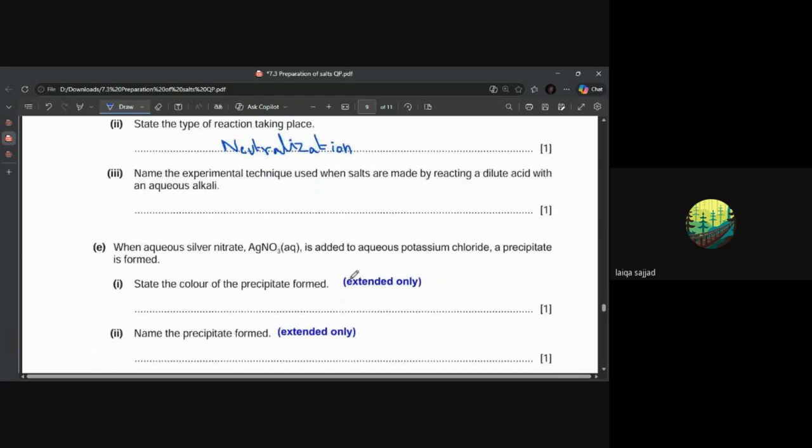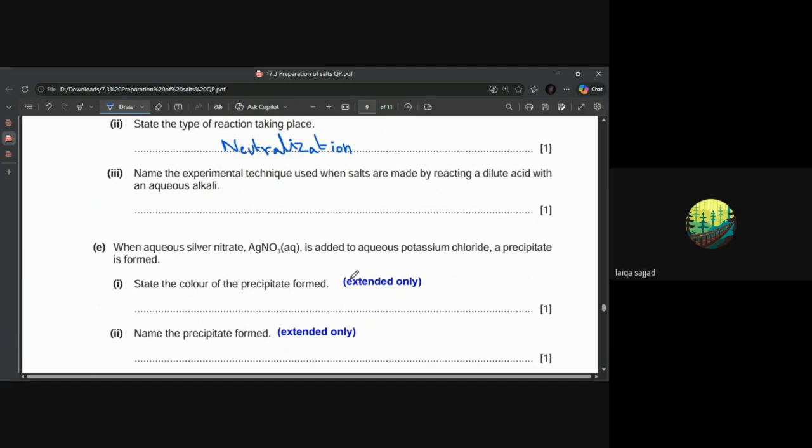Okay. Name the experimental technique that is used when salts are made by reacting a dilute acid with an aqueous alkali. What's the name of the technique? We know that when both the reactants are colorless, we use a technique that is used to determine the exact point where they have completely reacted without adding the excess acid.